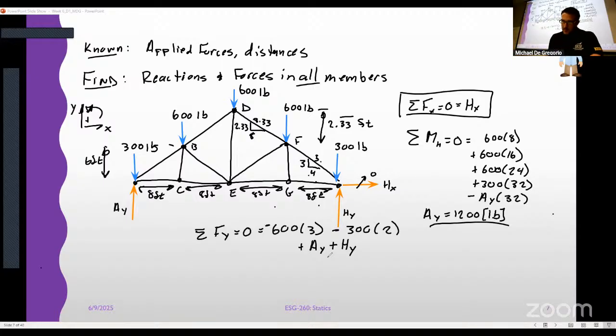Well, 300 times 2 is 600, and 600 times 3 is 1,800, and when you add those up, that's 2,400. If I move that over, I get 2,400 minus AY is equal to HY, and so HY is also 1,200 pounds. Great success, right? We got the reactions.